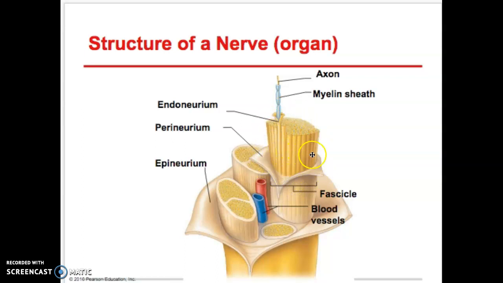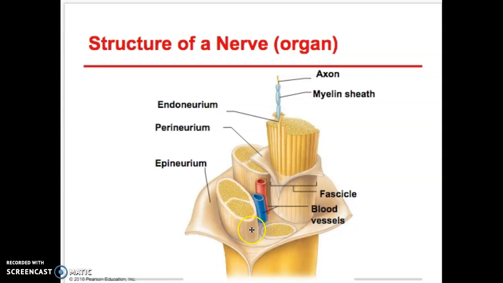So this bundle of axons is called a fascicle. Within a nerve, there's usually multiple fascicles. So here we have 1, 2, 3. You could count these as well. So 3, 5, about 6 or 7 fascicles in here.